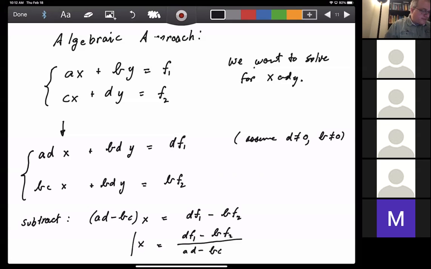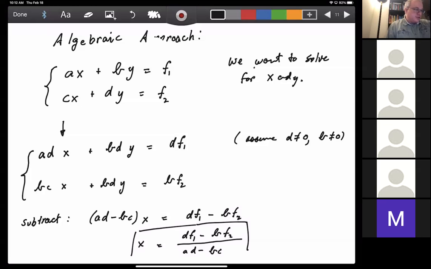So we've actually got a formula for the x, and we could do the same thing to isolate y. To isolate the y, we could multiply the first equation through by C and the second through by A and subtract one from the other.